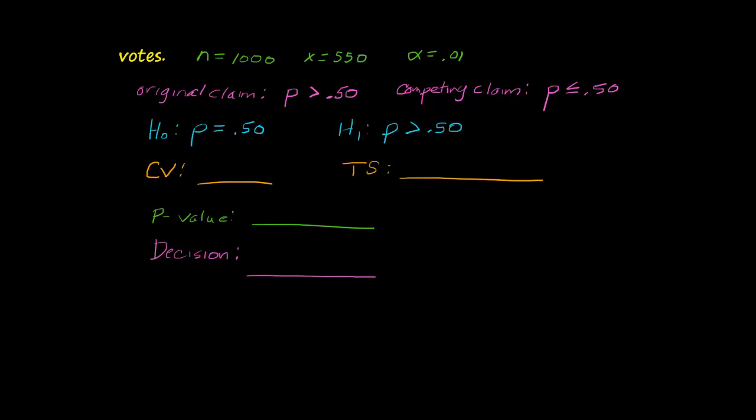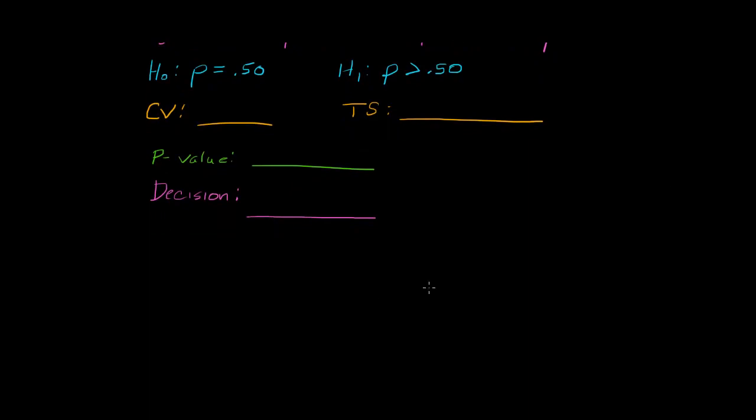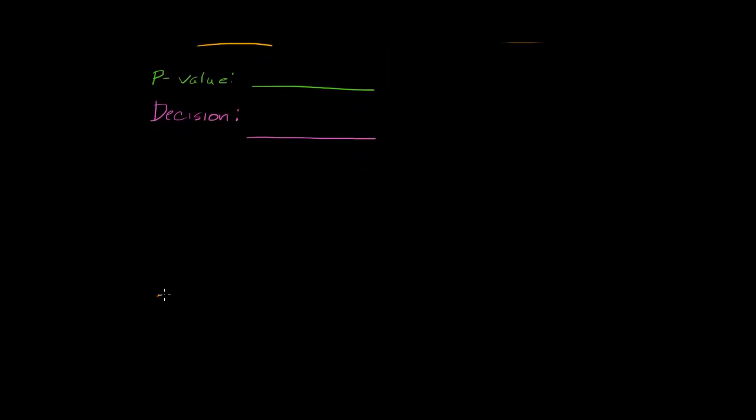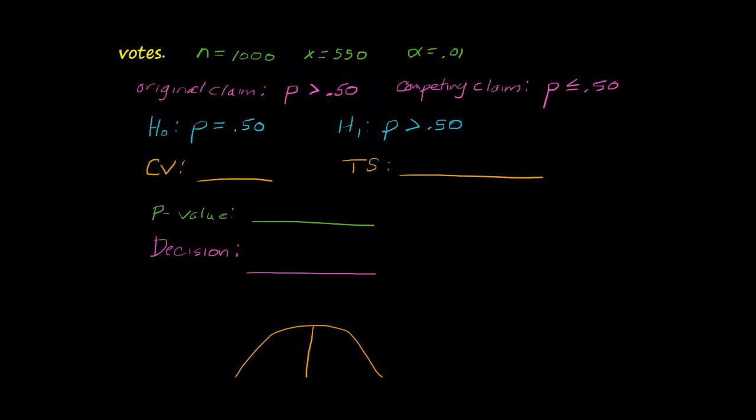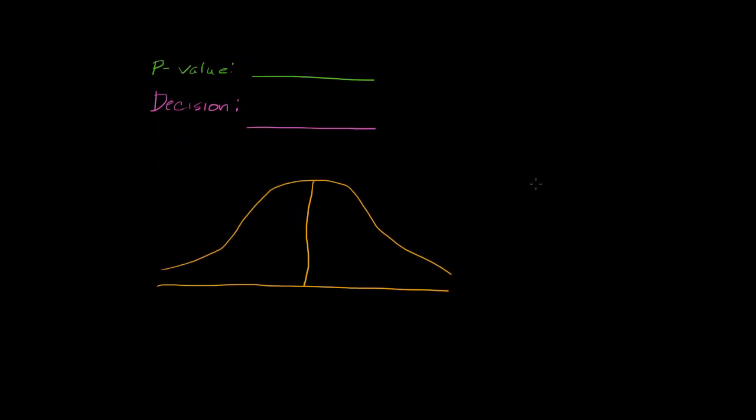So maybe if I start drawing my decision diagram, we'll get a better feel for what I mean by that critical value. So we have our normal curve, and we said that our alternate hypothesis is that the proportion is greater than 0.50. So remember the little trick about that. This arrow will point to the tail involved in the test. So this is a right-tailed test.